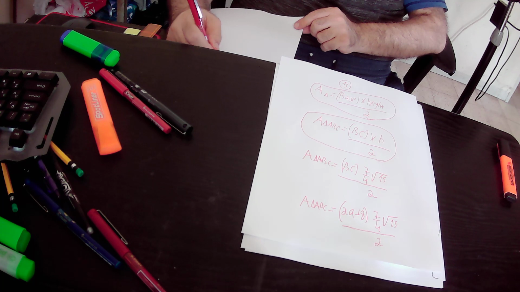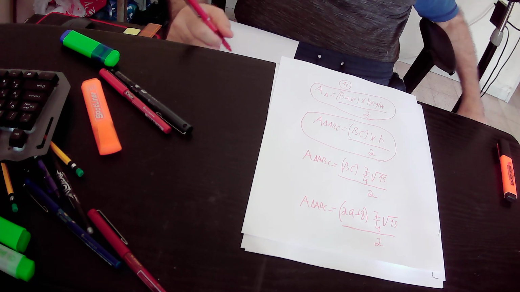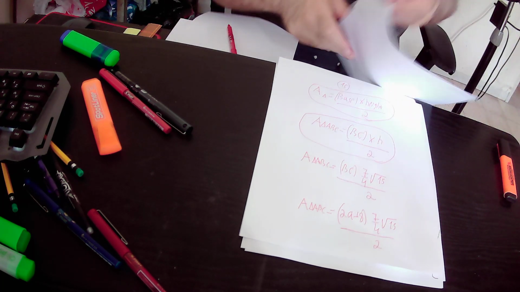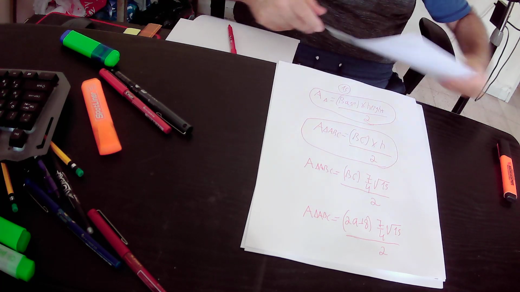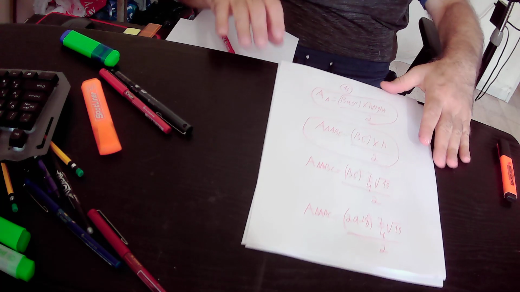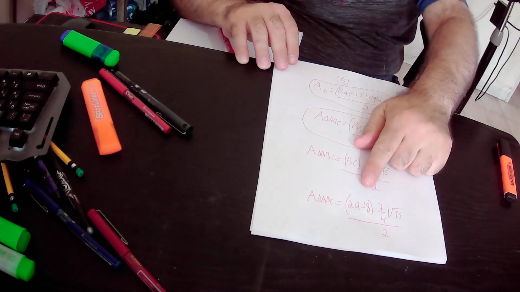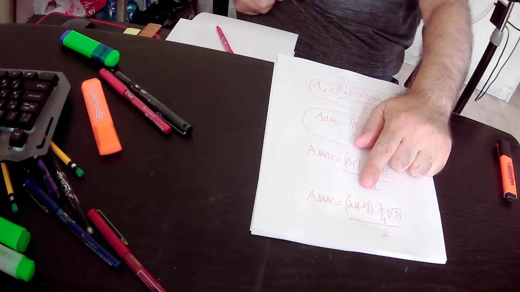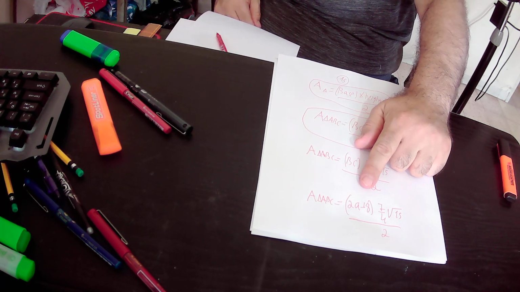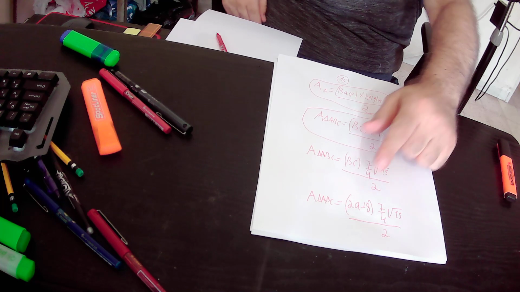But we have already found out that a equals 17 over 4 units. So we can substitute a in this equality by 17 over 4 units, and 17 over 4 times 2 is 17 over 2.